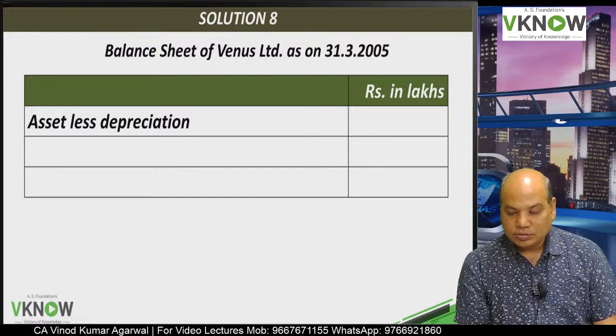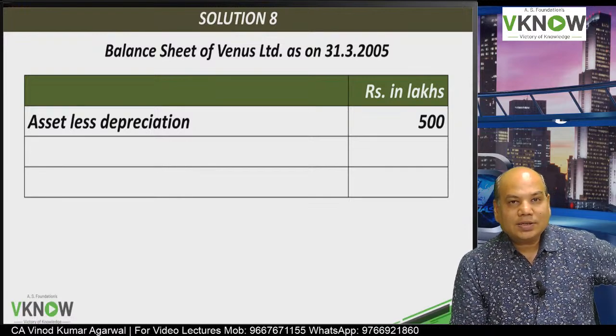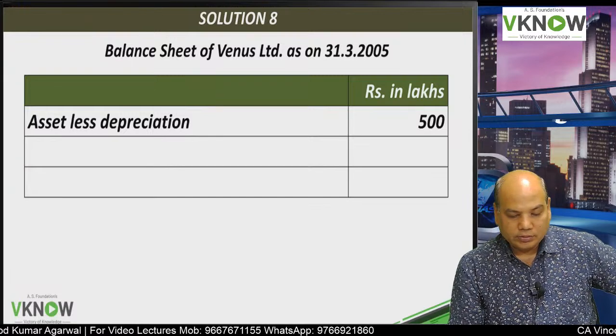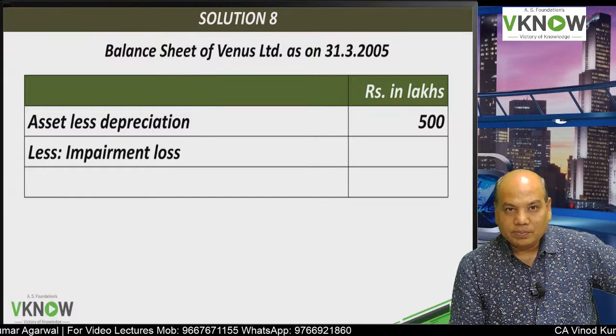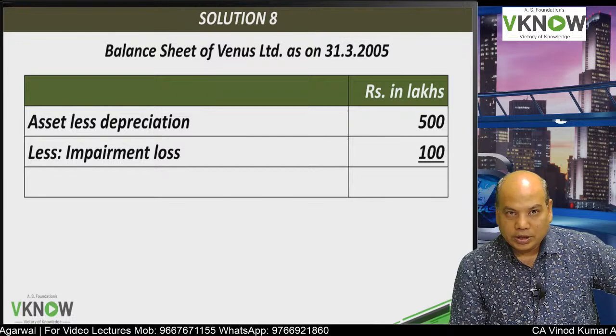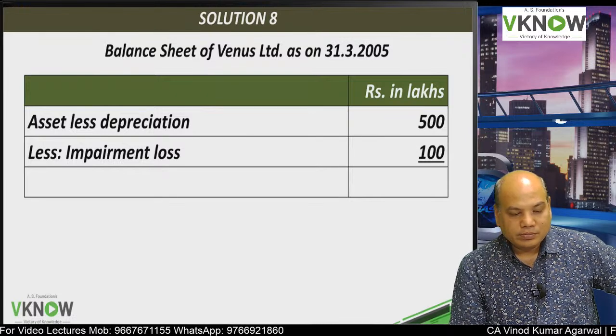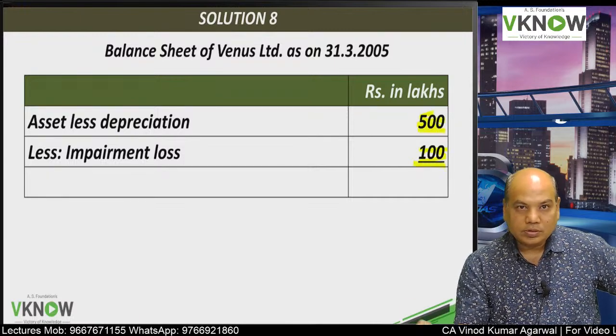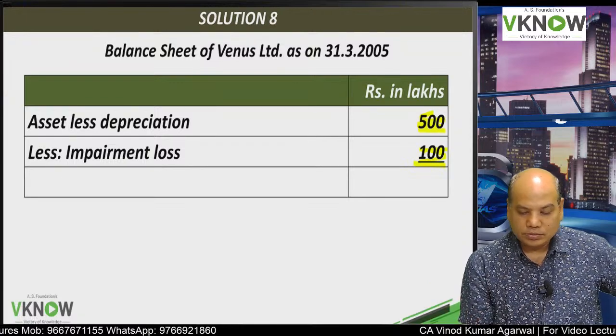In the balance sheet, you will write asset less depreciation 500, less impairment loss 100. Asset carrying amount is 500, given in the problem. Impairment loss we have computed is 100.